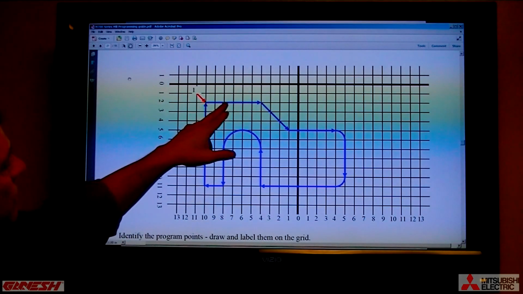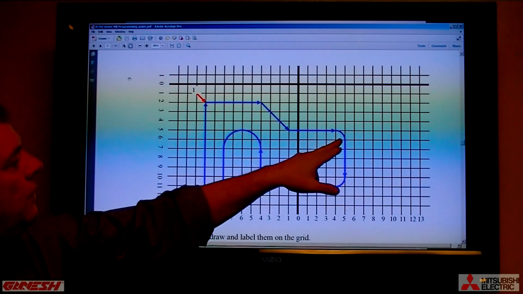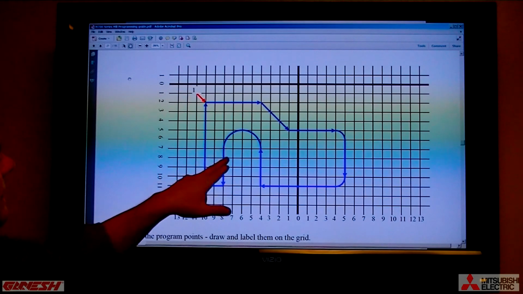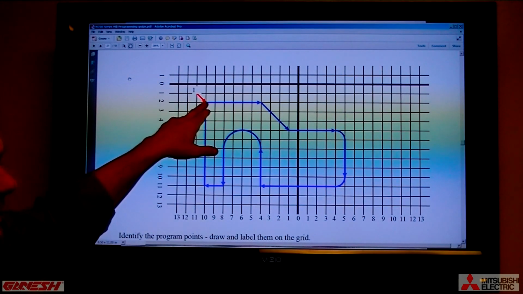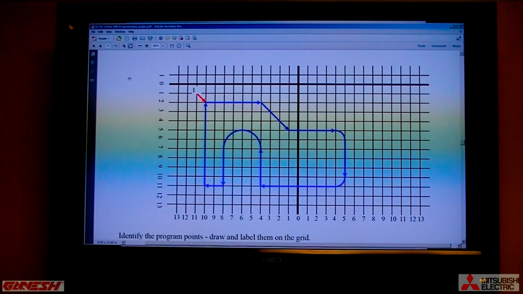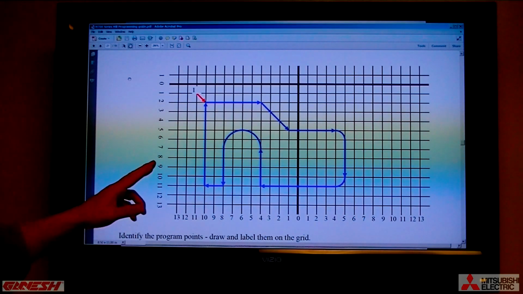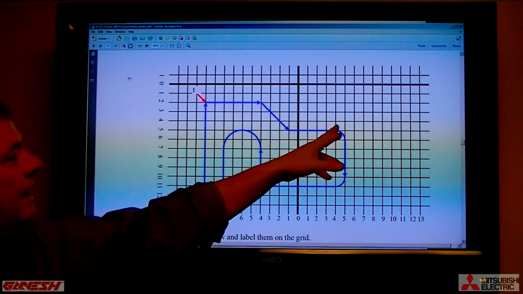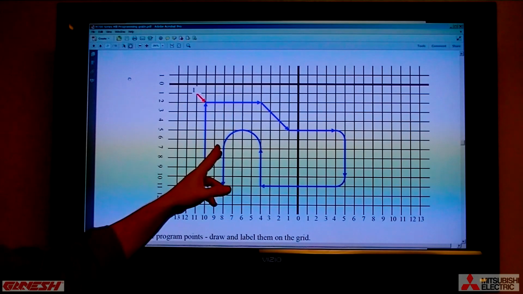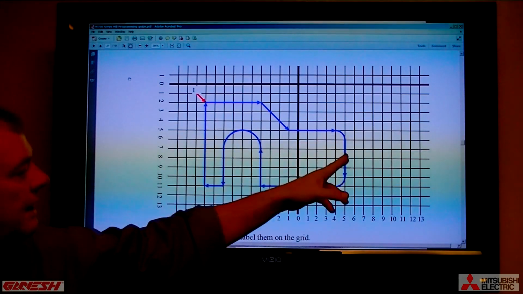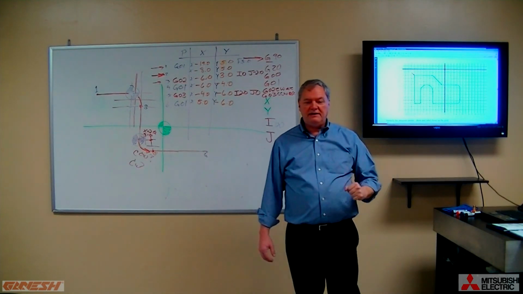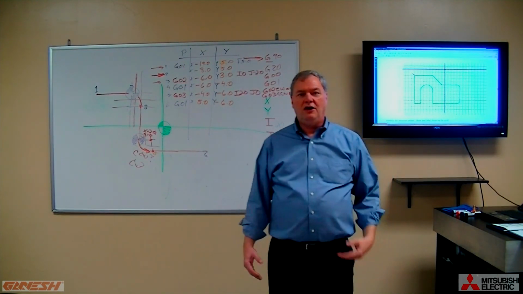Here are the points. 1, 2, 3, 4, 5, 6, 7, 8, 9, 10, 11, 12, 13. Make yourself a program that correctly uses linear interpolation where appropriate and circular interpolation around these 3 arcs. When you're ready to review it, turn the tape back on and we'll go through this.